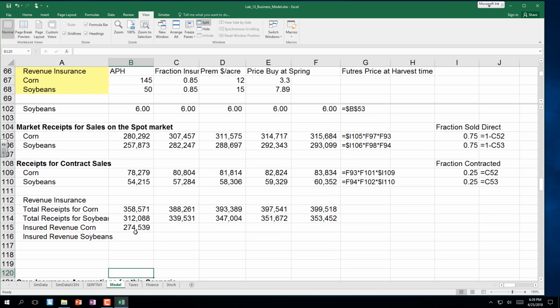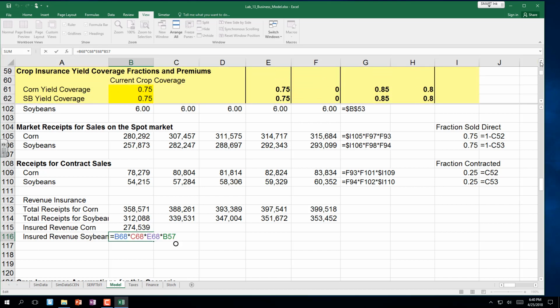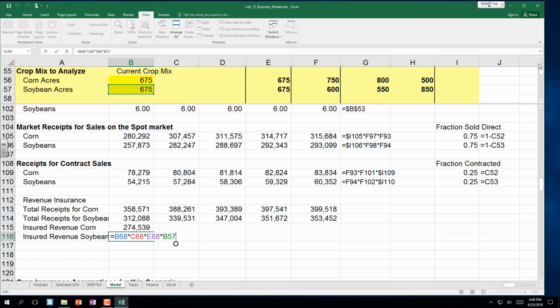Now, since we're extremely organized people, we can drag that formula down. But when you drag it down, you want to check it. It used the APH for soybeans, the fraction insured, and the price that I bought the insurance at. Then we need to check to make sure it used the right planted acres, and yes, it did. It's in B57.